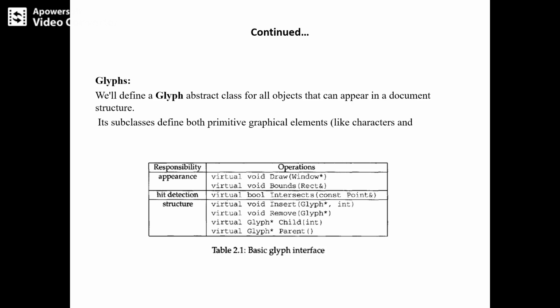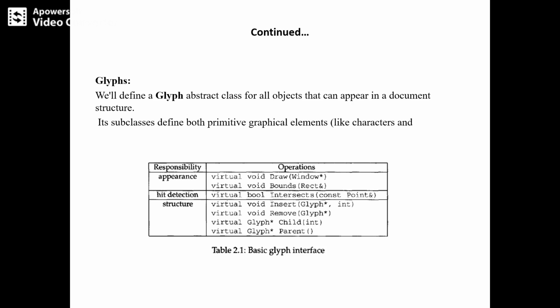Its subclasses define both primitive and graphical elements, particularly characters, images, polygons and so on. It may be a row or column, whatever it is. In this table we will see the responsibilities of glyphs; this is called the basic glyph interface.